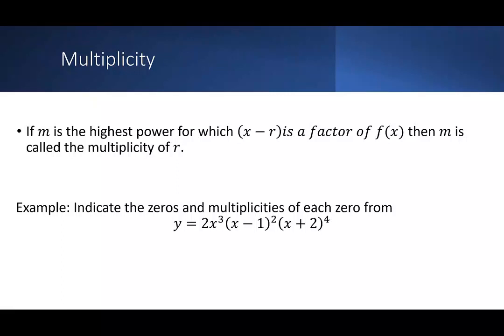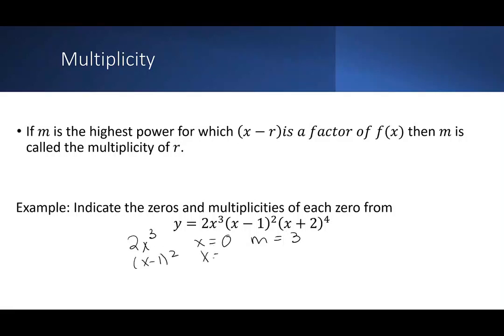Let's look at this example, y equals 2x cubed times x minus 1 squared times x plus 2 to the 4th. We are going to find the zeros and the multiplicities for each of the factors. I have the 2x cubed, which says we have a 0 at x equals 0, and the multiplicity, which I call m, is 3, so it's just the power for the 0. My next one, I have x minus 1 squared.